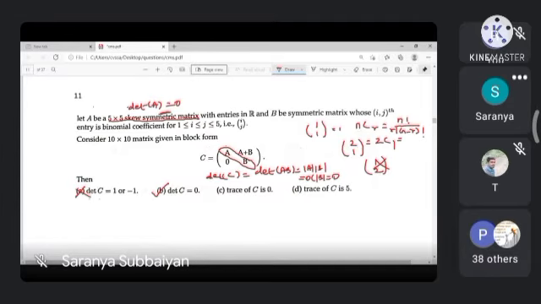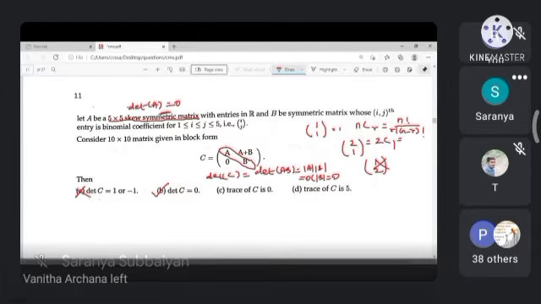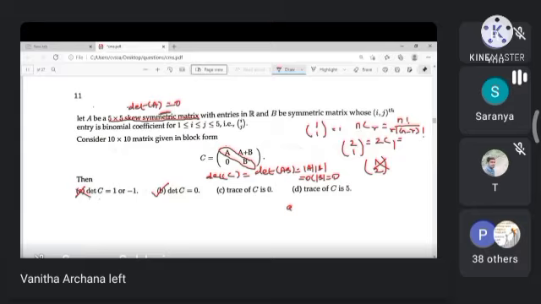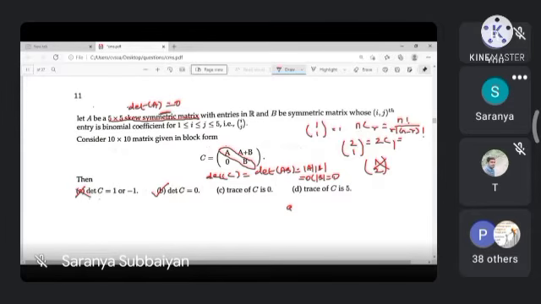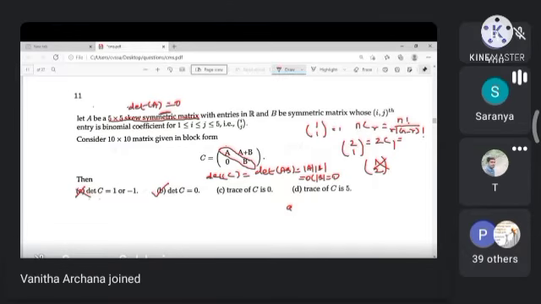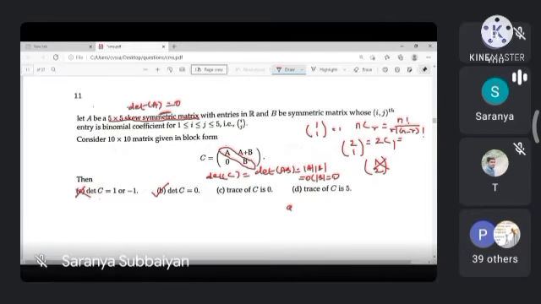Now it comes to trace, the sum of the diagonal elements. What is the trace here? For this matrix, skew symmetric matrix diagonal elements are 0, right? So no problem. This is 0 plus, what are the diagonal elements of the symmetric matrix B?